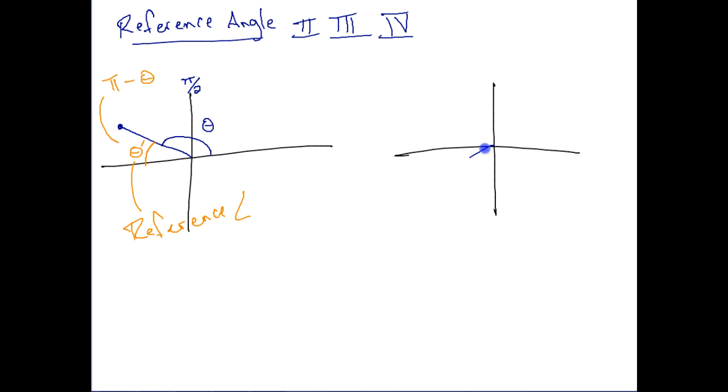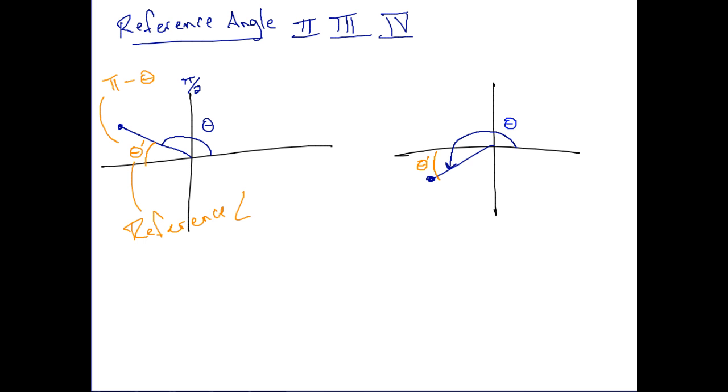So let's say we're down here somewhere. Okay, and so this is theta. And our reference angle is still going to be this little piece right here. This is theta prime. So if this is theta, that big angle is theta, that little angle just off of the x is theta prime, our reference angle.